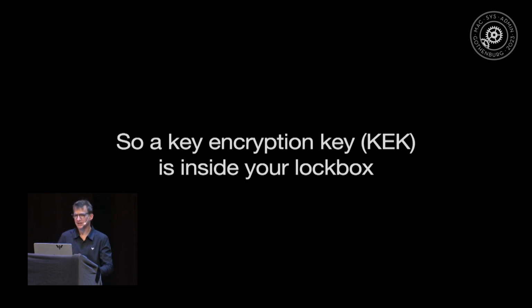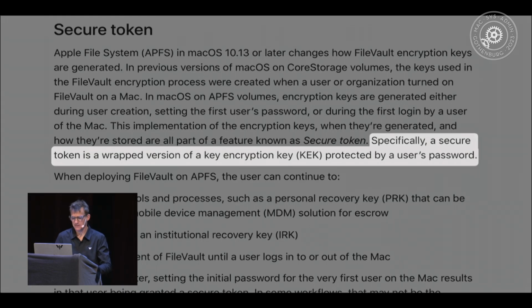So a key encryption key is inside your lockbox, and specifically in the Apple Platform Security Guide, it says a secure token is a wrapped version of a key encryption key protected by a user's password. Again, secure token, wrapped version of a KEK protected by your password.